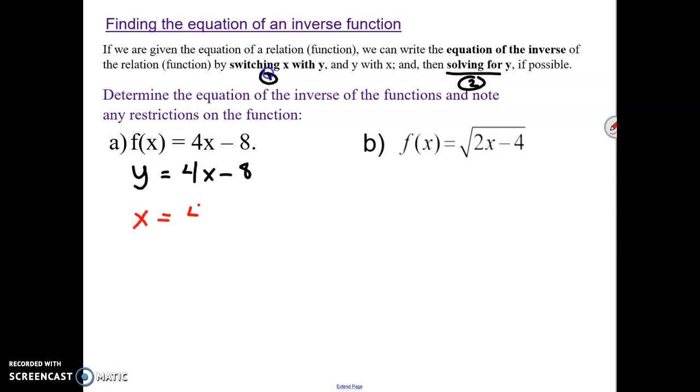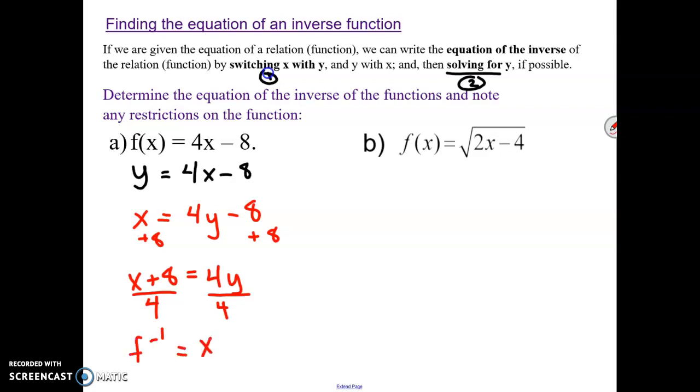So it's going to be x equals 4y minus 8. Step 2, we're going to solve the equation so that the y is alone. So I'm going to add the 8 over. So I get x plus 8 equals 4y. And then divide out the 4. So my inverse is going to be x plus 8 divided by 4.